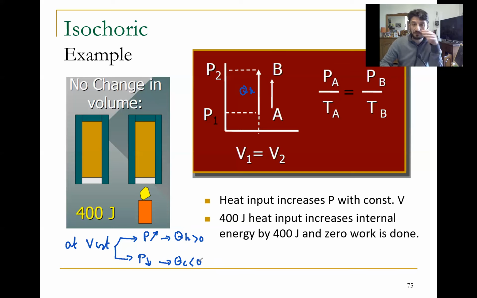Okay, it's important. And in this case, we have a constant volume, so dE equals dQ. In the case of Q positive, delta E is positive, so delta T is positive. Okay, you know, delta E and delta T change in the same manner. If delta Q is negative, delta E is negative, delta T is negative. You have to understand all these points.